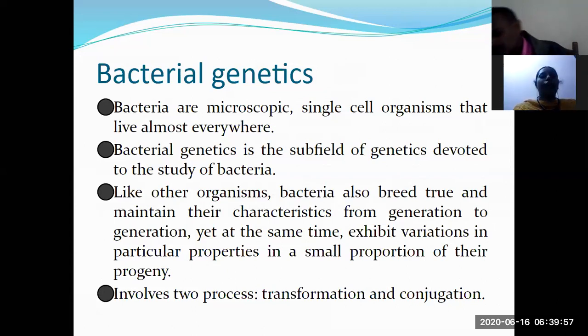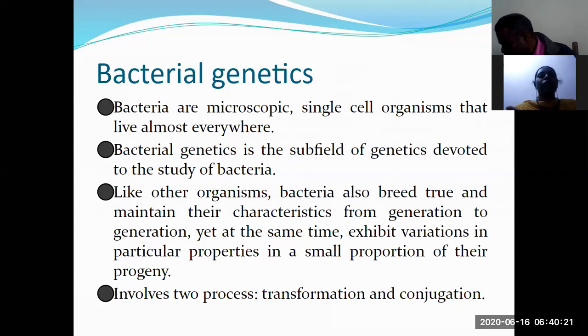Like other organisms, bacteria also breed and maintain their characteristics from generation to generation. That is, parents to offspring. And at the same time, it exhibits variations in particular properties in a small proportion of their cells.